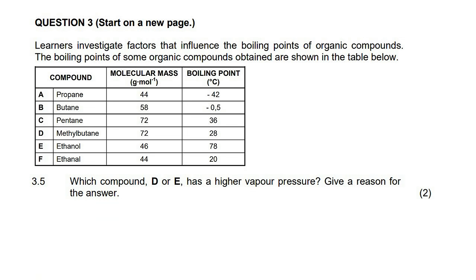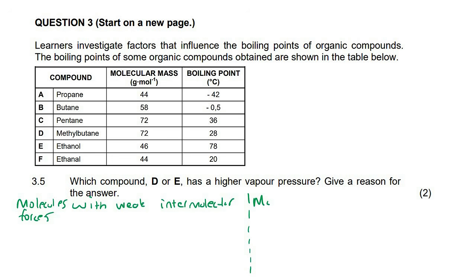So this question says, which compound, D or E, has a higher vapor pressure? Okay, let's talk about vapor pressure quickly. Let's say we have two scenarios. Let's say we have molecules with weak intermolecular forces. And then here we have molecules with strong intermolecular forces.